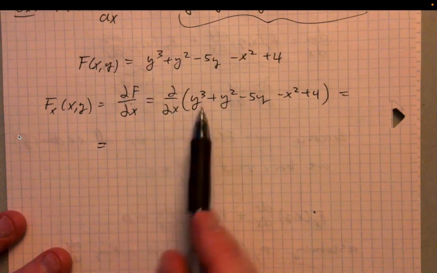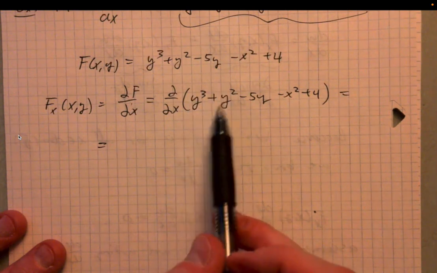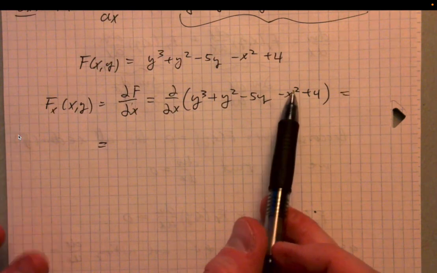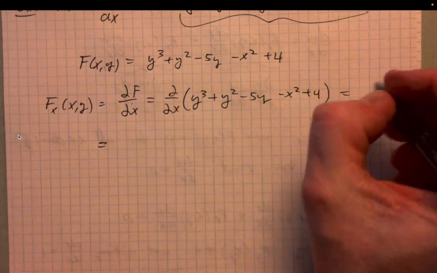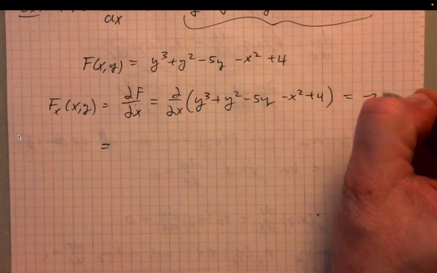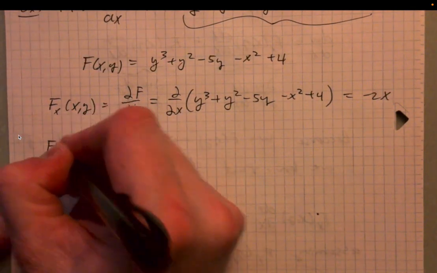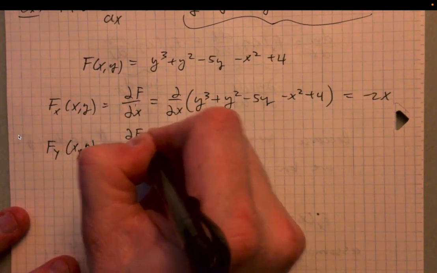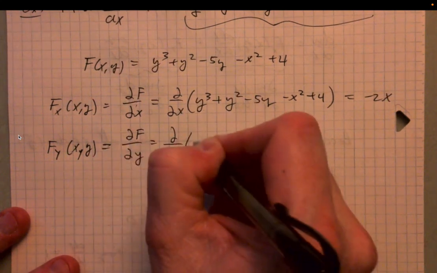I want to make sure people understand what we're doing here. In this case, the other terms are constant. The only term in here that isn't constant is this one, and so the derivative with respect to x is really just minus 2x, isn't it? Okay, what about the partial with respect to y? Again, that's just the partial of f with respect to y of the same thing.